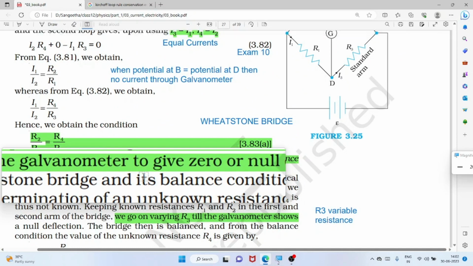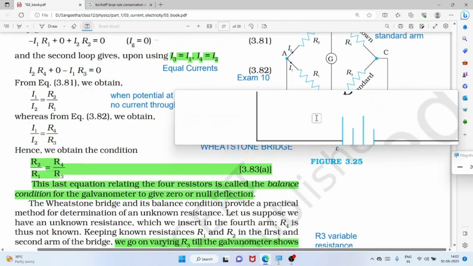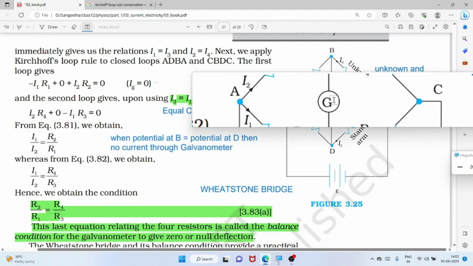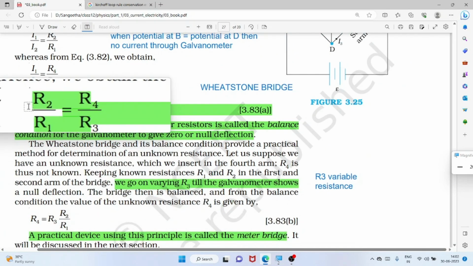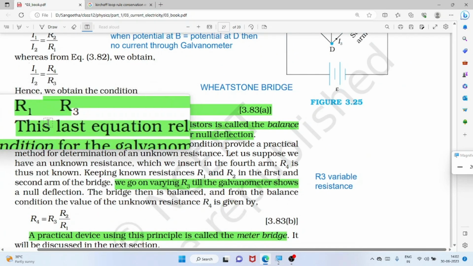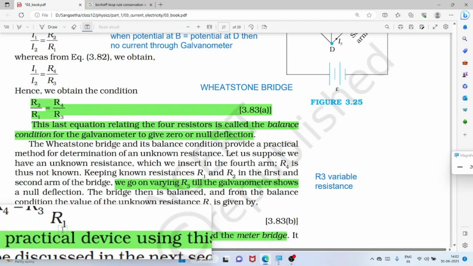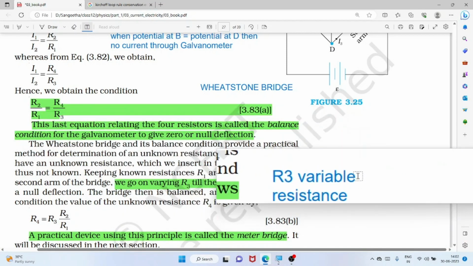When the potential at B equals the potential at D, then when these two, B and D, are at the same potential, there will not be any current through the galvanometer. That is the balanced condition. So you have R2 by R1 equals R4 by R3. This last equation is called the balance condition for the galvanometer to give zero or null deflection.